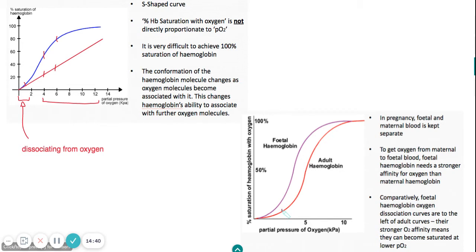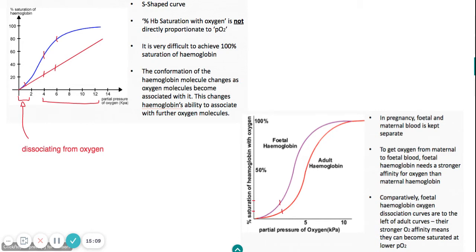At partial pressure of 3, normal adult hemoglobin, i.e. the mother's hemoglobin, is at around this percentage. What's that, like 8 or 9%? Whereas the fetal hemoglobin is almost double that. So that's really, really important, because fetuses don't breathe for themselves.